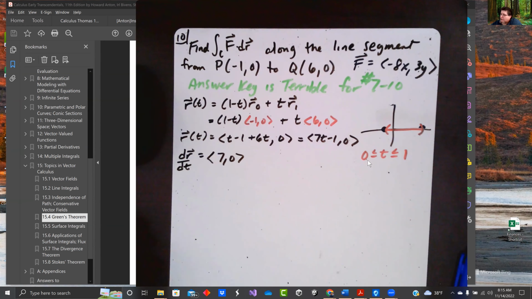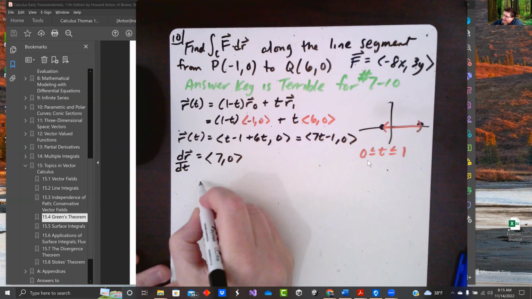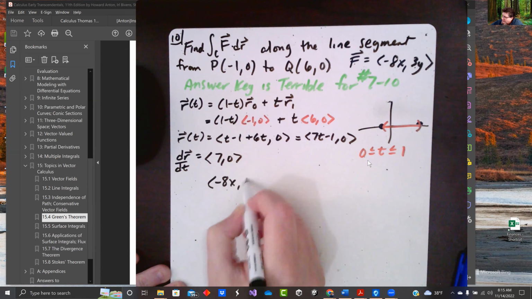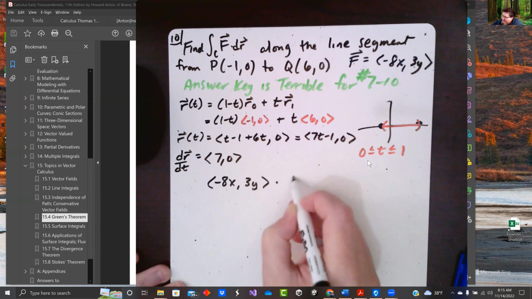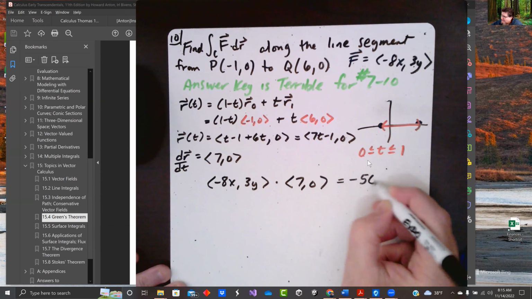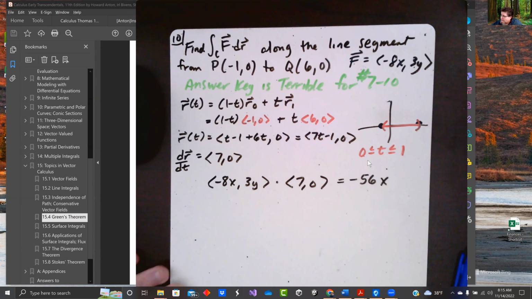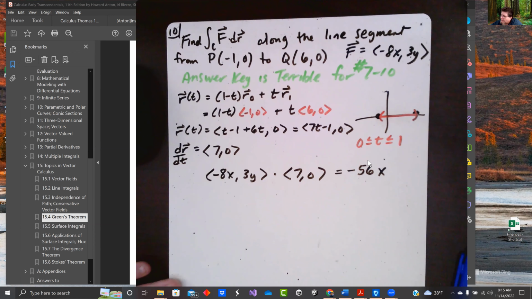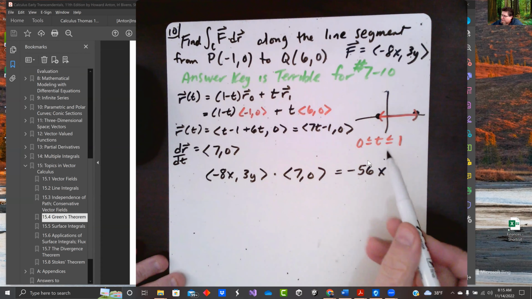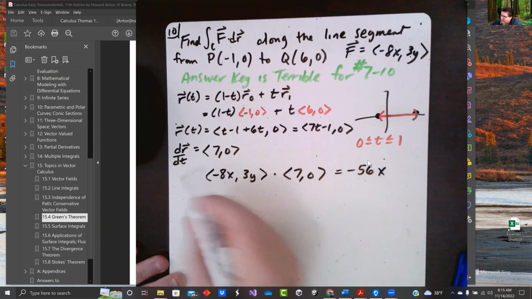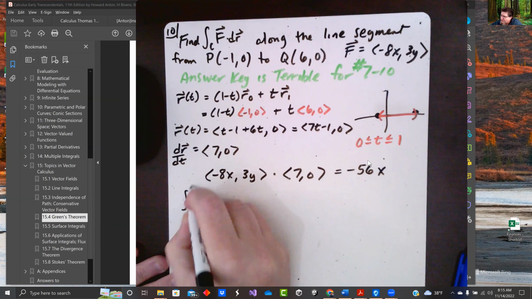Okay, so we need F dot dr. F was (-8x, 3y), and we're dotting that with (7, 0). And we get -56x. So along the curve, which was parameterized with t, the integral of F dot dr goes from 0 to 1.